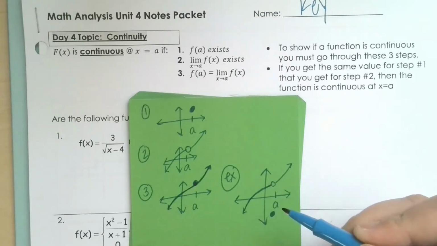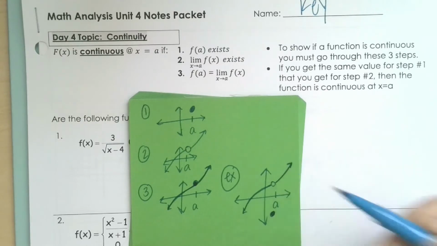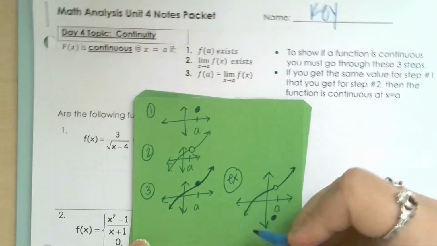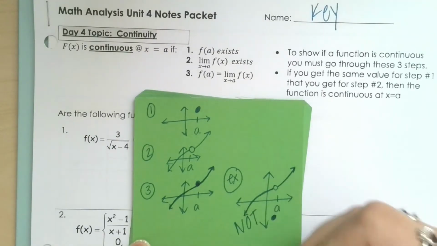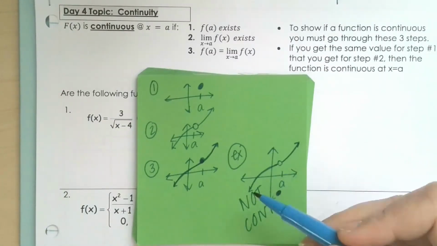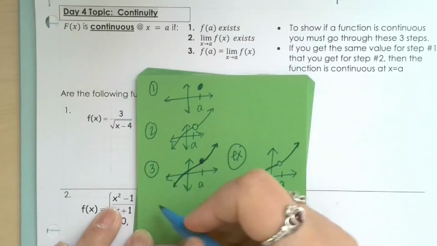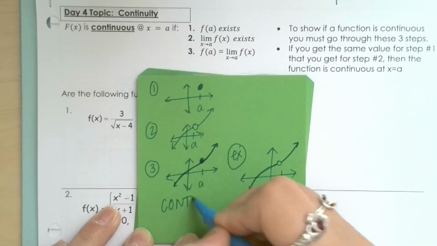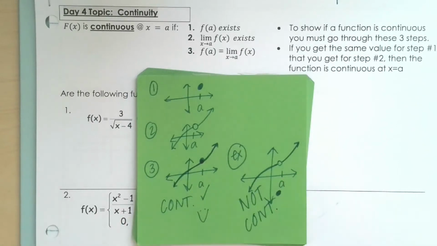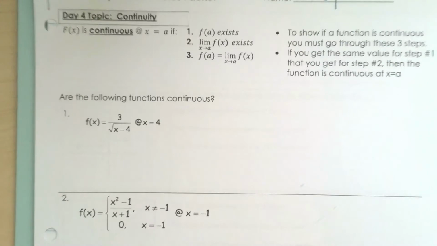We'd have to pick up our pen, fill in the function value, then come back and continue our limit. So this is not continuous. That's an example of a function that is not continuous, whereas this one, since all these criteria are met, is continuous.